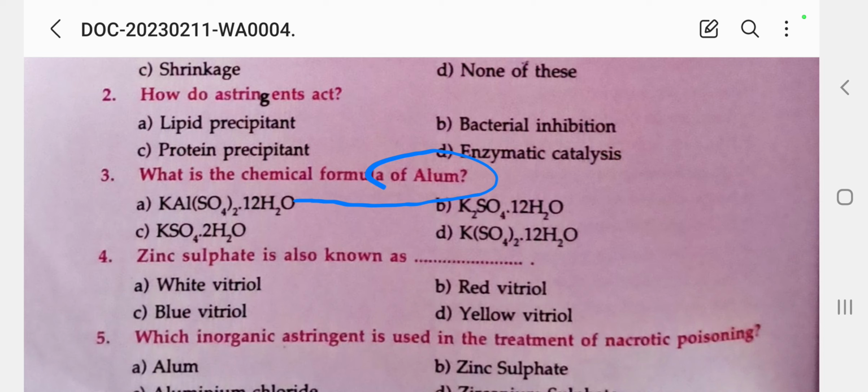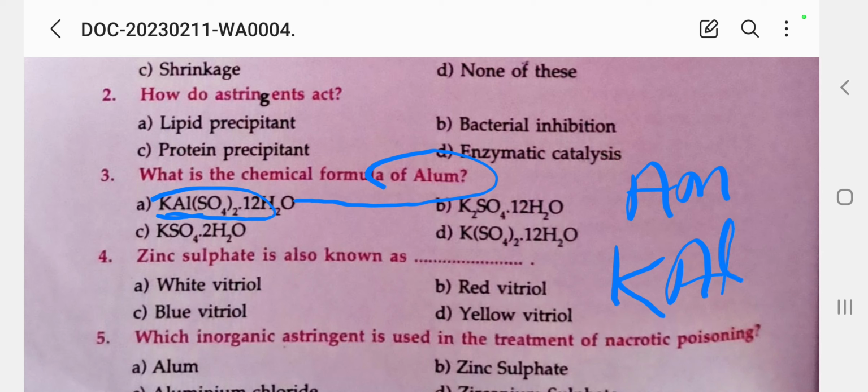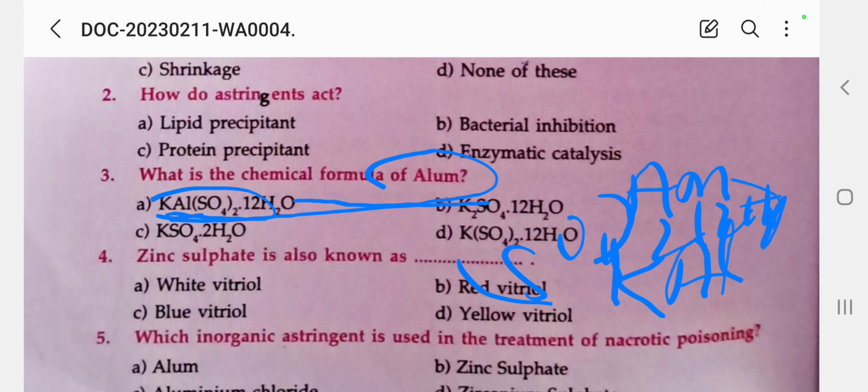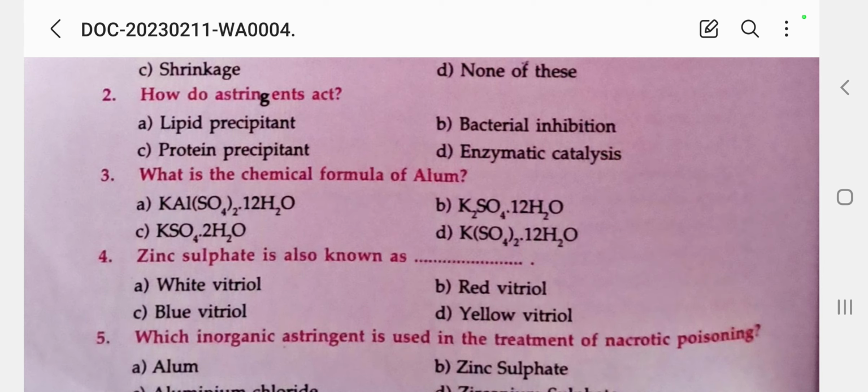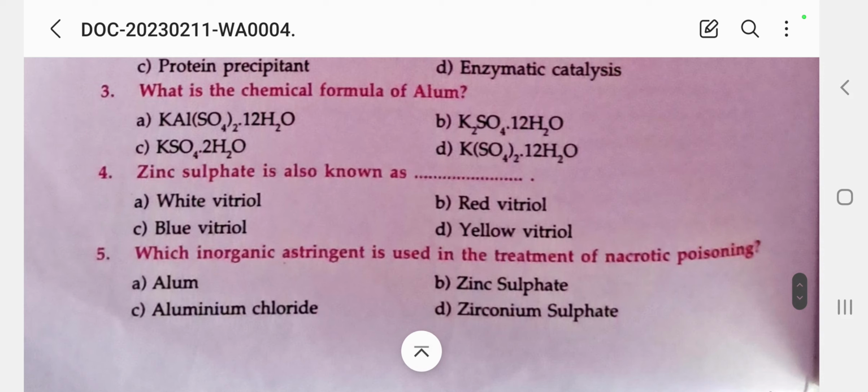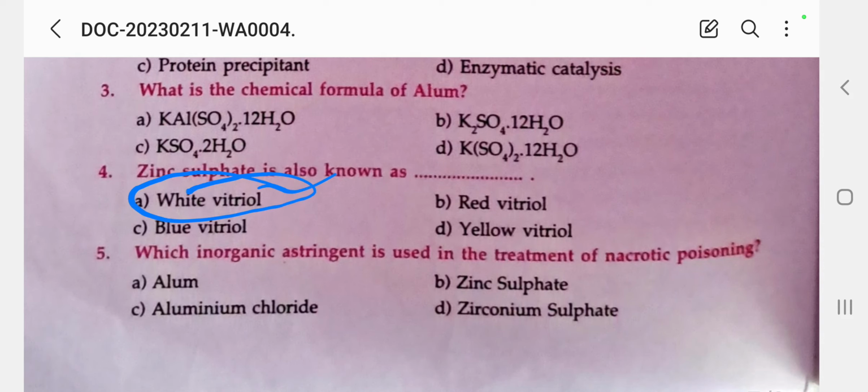It is a mixture of potassium and aluminum sulfate, so instead of Am you may use K for potassium, Al for aluminum, SO4 twice, 12 H2O. Next, zinc sulfate is also known as white vitriol, and blue vitriol is copper sulfate.